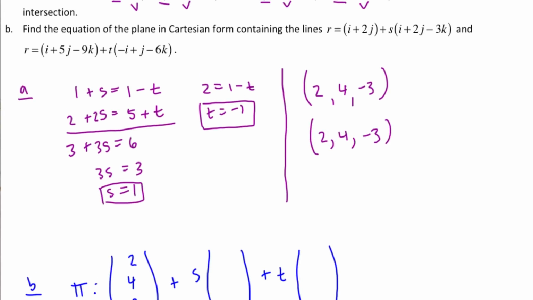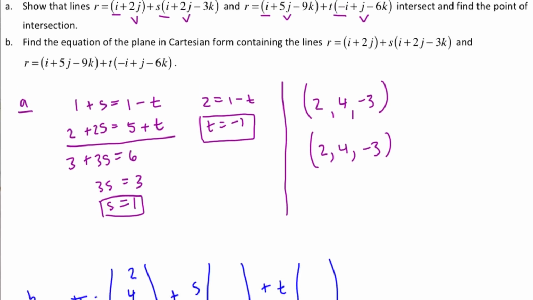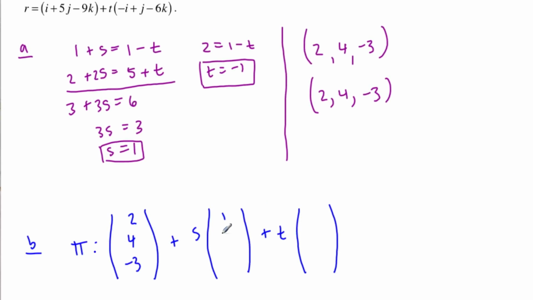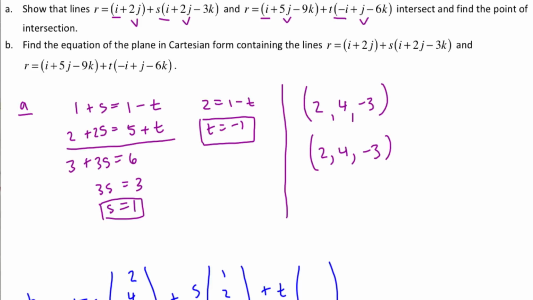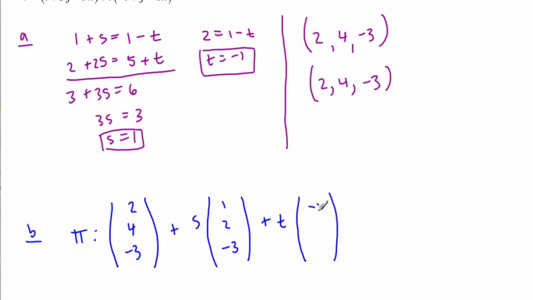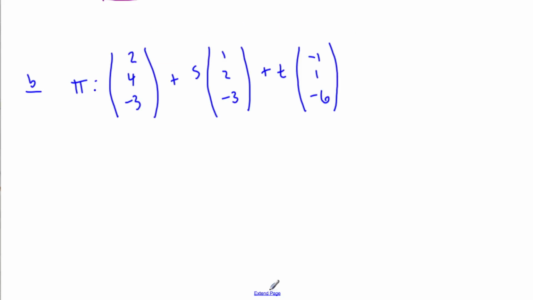So the direction for the first one is (1, 2, -3), and the direction for the second line is (-1, 1, -6). Alright, so now we've got the plane.